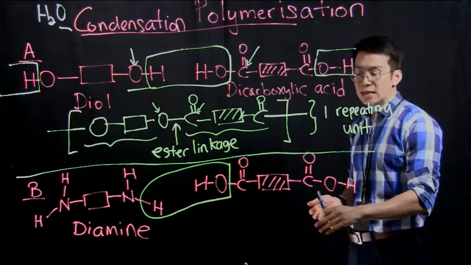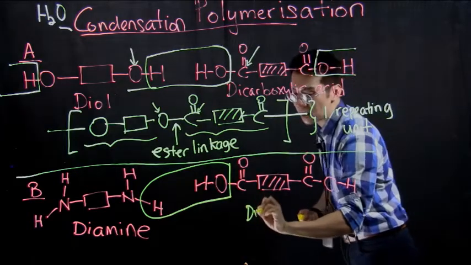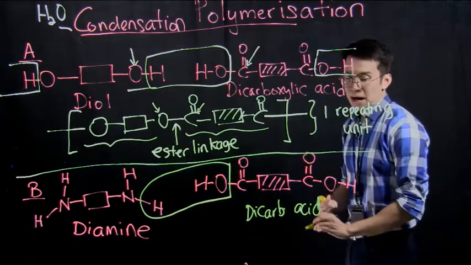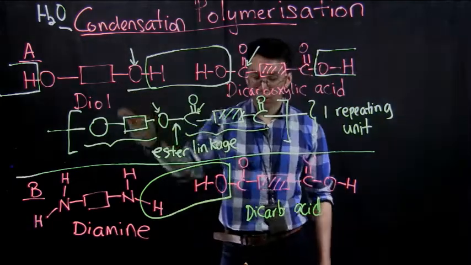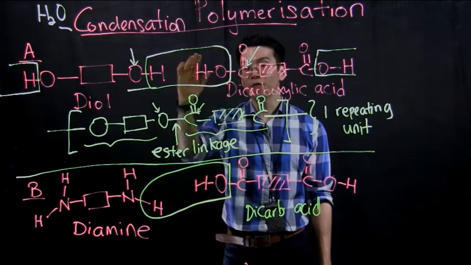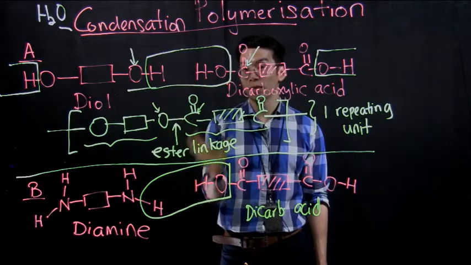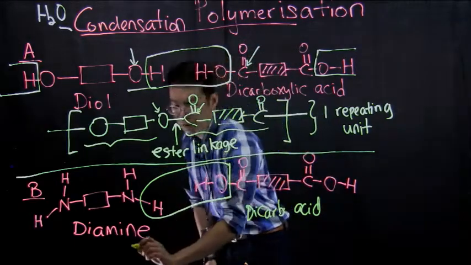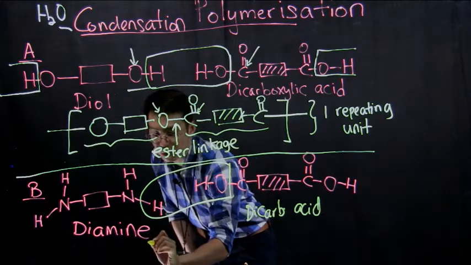So as you can see, this is still a dicarboxylic acid, but now instead of a diol, you have a diamine. But similarly, both of them remove a water molecule. So if I were to remove away this water molecule, what is left behind is almost the same.